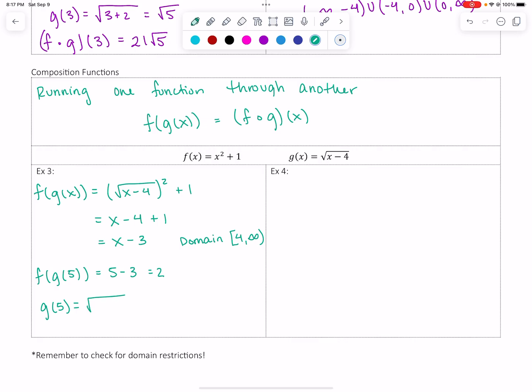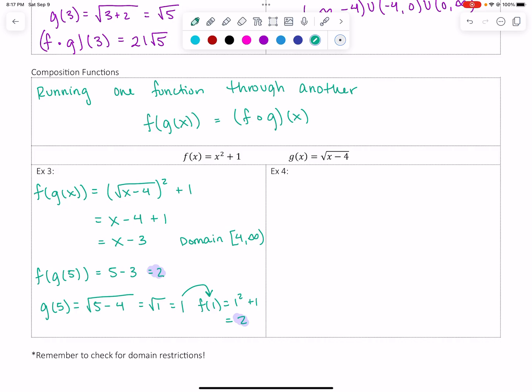That's going to be the square root of 5 minus 4, aka the square root of 1, aka 1, and then plug that output into f, which is going to be 1 squared plus 1, which is equal to 2. Same exact thing, right? We got 2 here, and we got 2 here. So it doesn't matter which way you do it, it kind of depends on how you set it up. If you found f of g first, it might be easier just to plug it in.